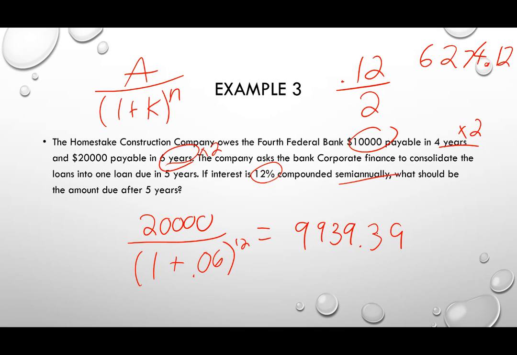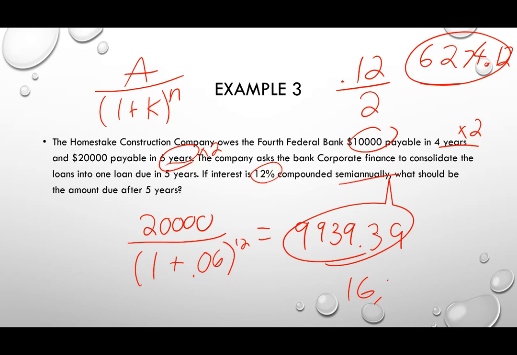So now the present value of both loans, if you combine these two values together, is $16,213.51. So that's the present value of both loans if we kept them the way they were originally intended before consolidating them.